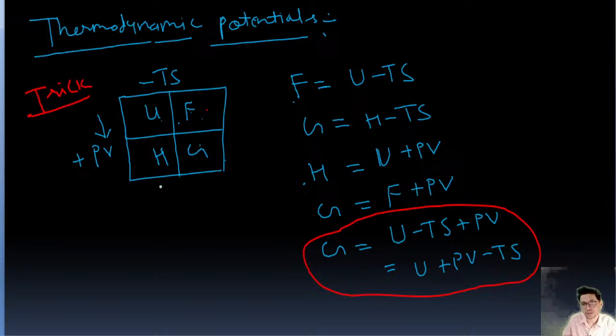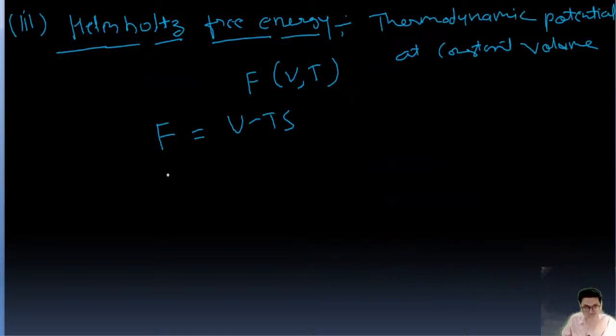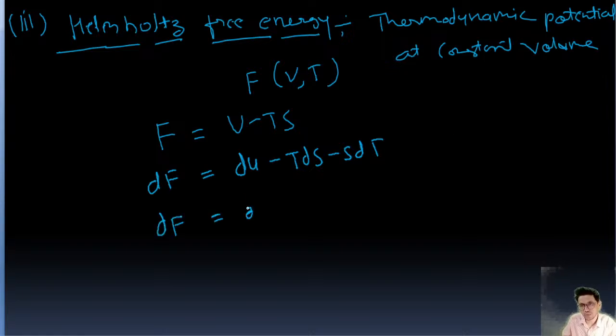Now dF, the change in Helmholtz energy, is going to be dU minus TdS minus SdT. Now the dU value we know, TdS minus PdV. So dF is TdS minus PdV minus TdS minus SdT. Okay, TdS is going to be cancelled.